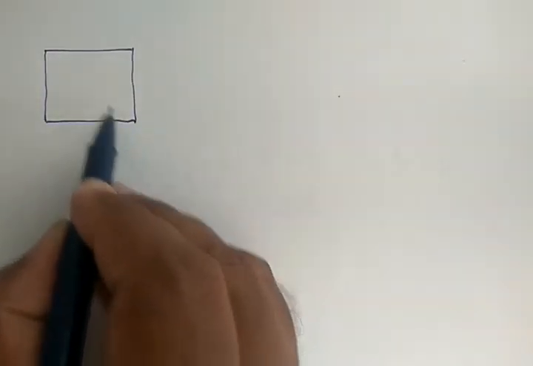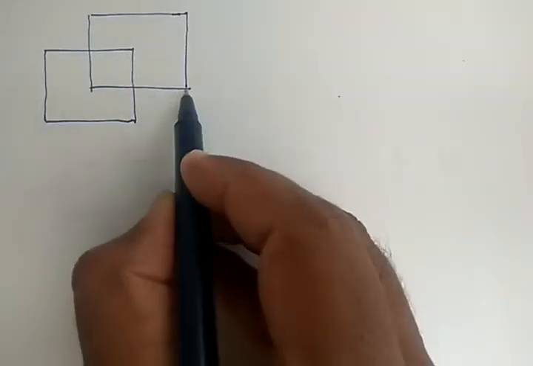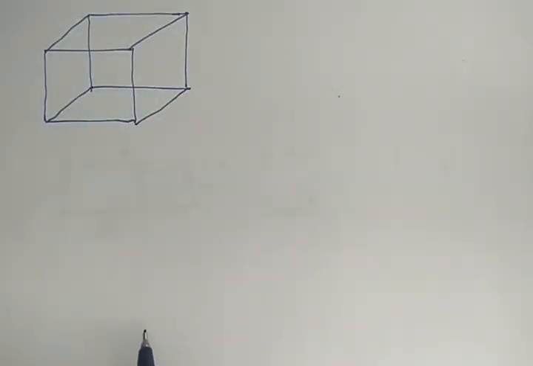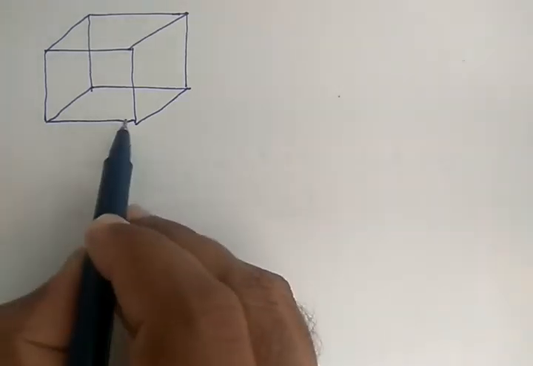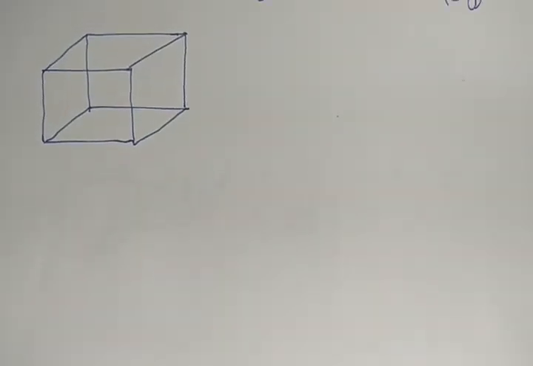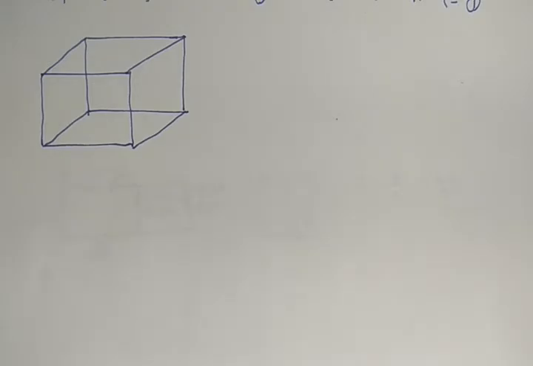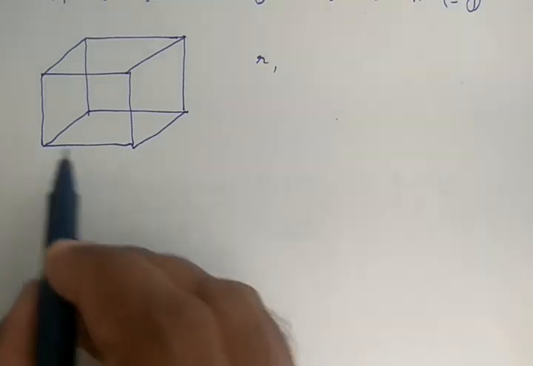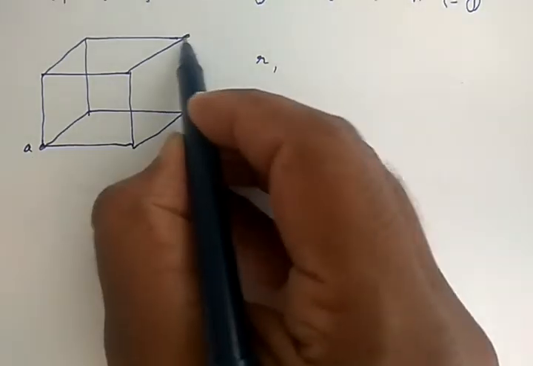So look at one more problem. This is the problem. Here the resistance of each wire, this wire and this wire and every wire, is, let's say, R. Then we want to find the effective resistance between the A and B terminals.